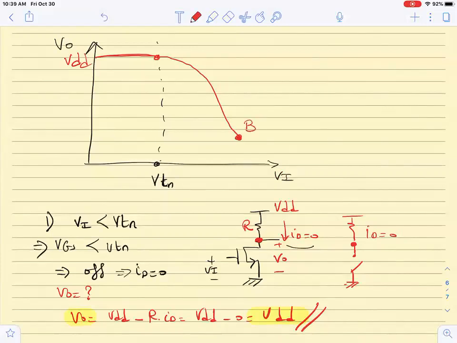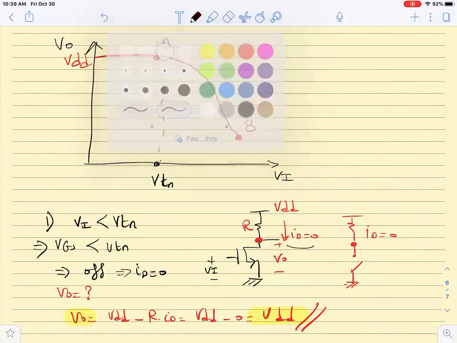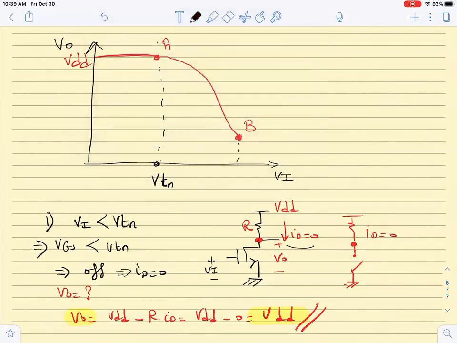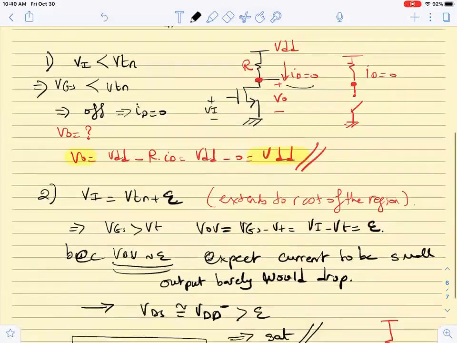This point we will call B and this point is A, where the output is small enough such that it really reaches the edge of saturation. Okay, so at this point the input is VIB, and the output is VOB.